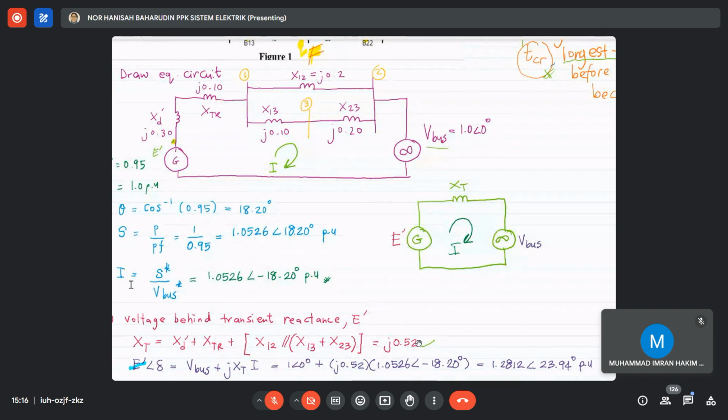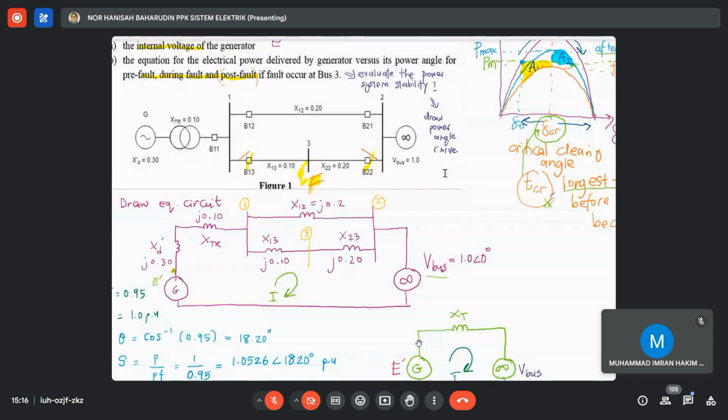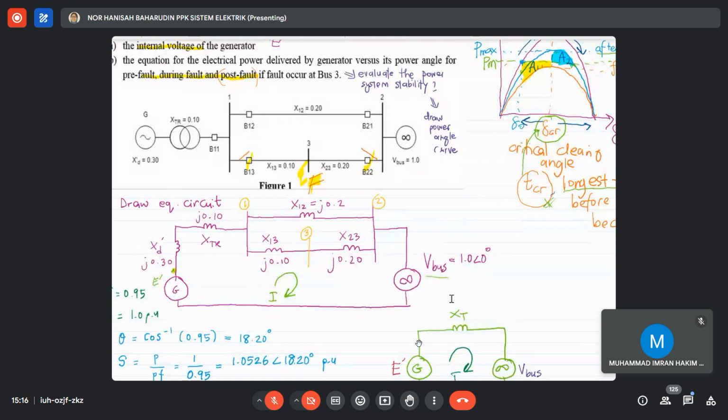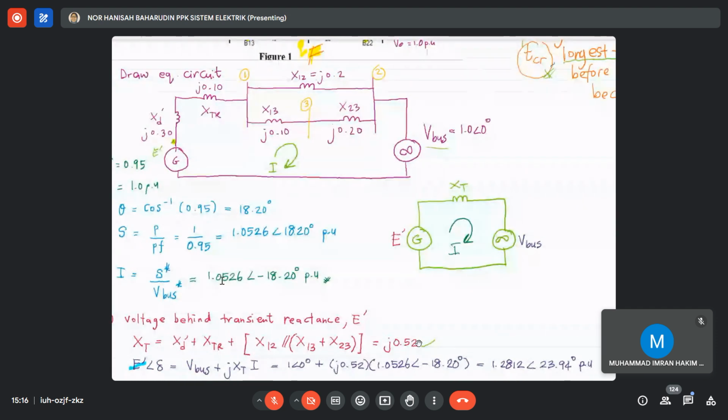And then the current is S conjugate divided by V bus conjugate. What is V bus? V bus is actually the infinite bus, which is given in the question. Normally I would like to write V infinite equals 1 per unit, very similar to V bus, which is the infinite bus voltage. It is just how I want to write down the voltage.